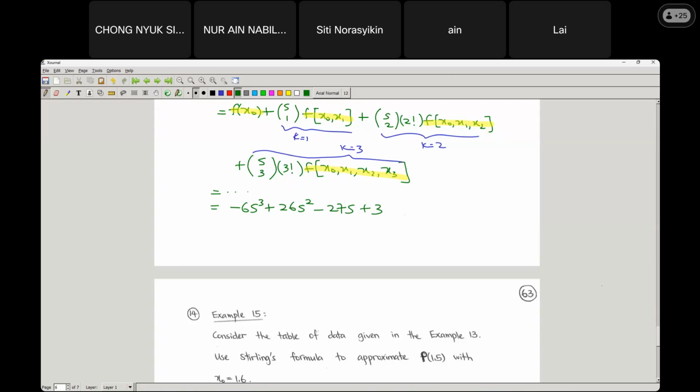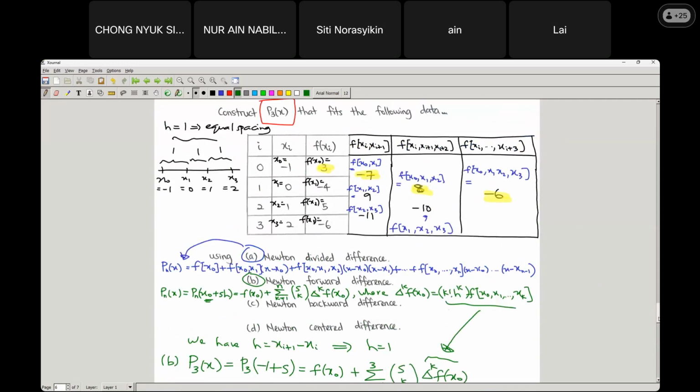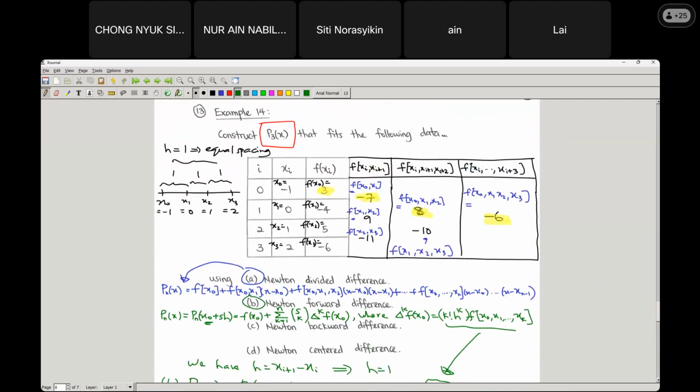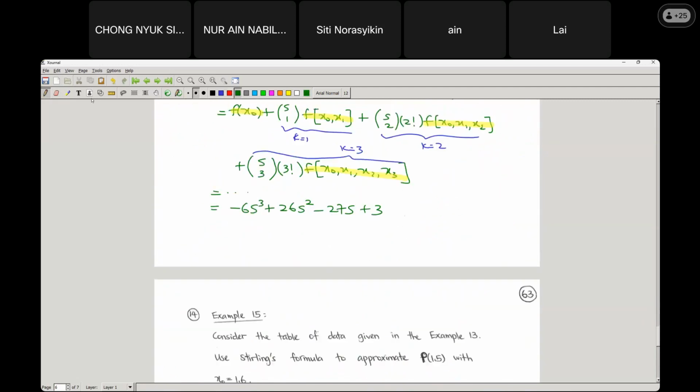If you give me this answer up to here, you will not get full marks. Why? Because the question asks you to find P3(x) in terms of x, not in terms of s. So you need to change the s into the x term.